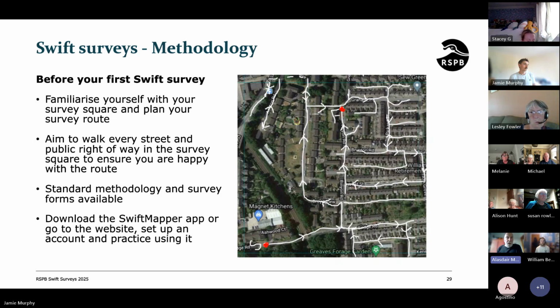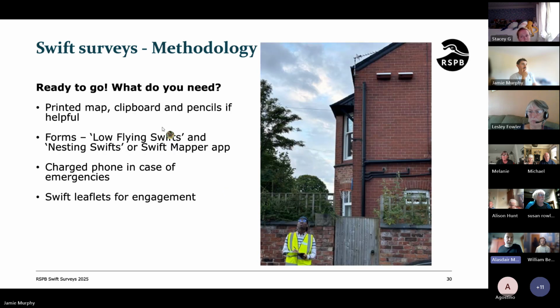It can be downloaded to a phone as an app, for Google phones and also for Apple phones. There's also a website you can use on a laptop or any other computer. So we'd like people to go onto SwiftMapper, register, and use that to record the data that they find.